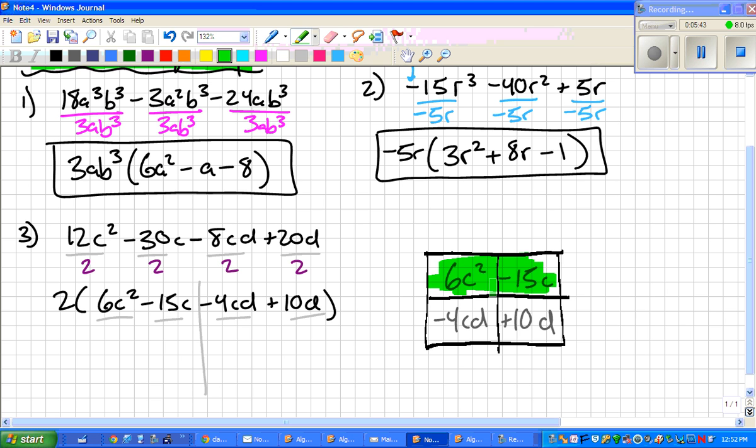So, GCF of the green is 3C. Now of the bottom, your leading coefficient's negative, so we can take out a negative 2, and they both have a D. Okay, and now we look at the columns.